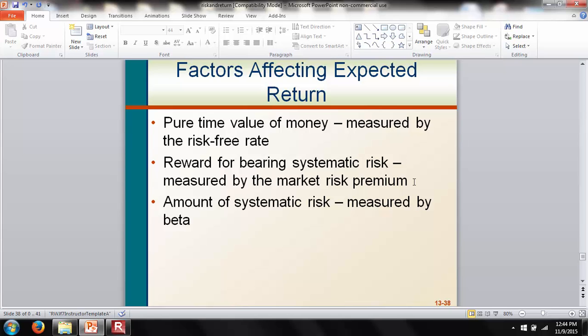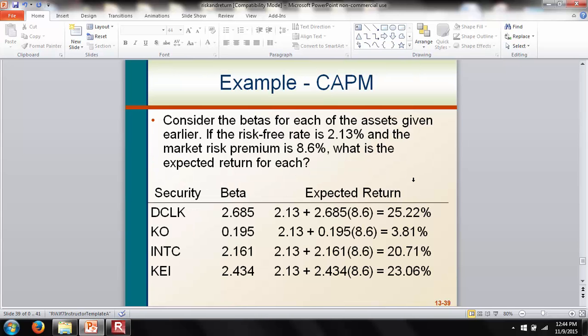So the reward for bearing systematic risk is measured by the market risk premium, and the amount of systematic risk is measured by the beta. So let's look at the old example. For DCLK, the beta is 2.685, and if the risk-free rate is 2.13 and the market risk premium is 8.6, what would be the expected return? So we should be making 25.22.